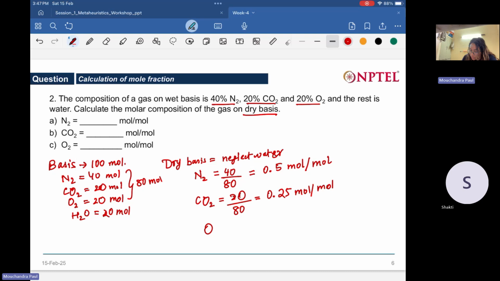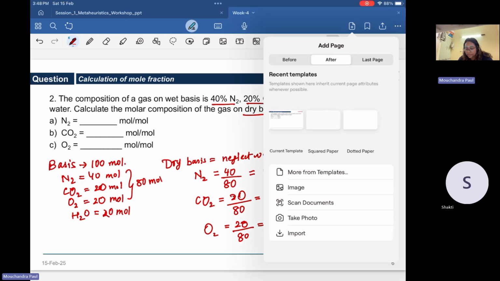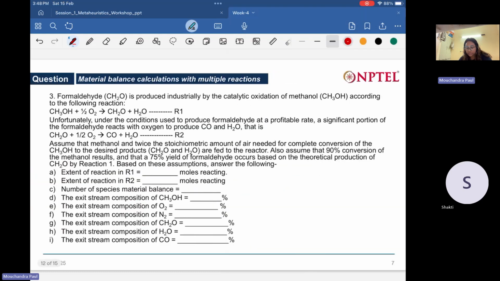Next, for O2, similarly, 20 by 80, 0.25 mole by mole. All right. Is it understood? This part is understood? Okay. So that's it. We had to do this only. The question is complete. Let's move to the next question.